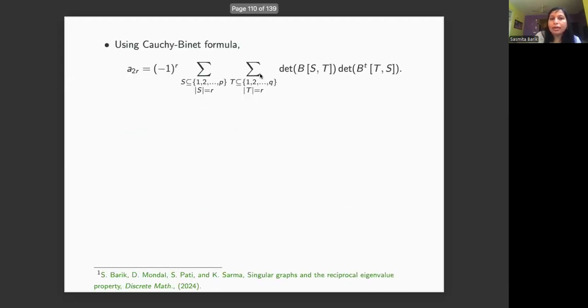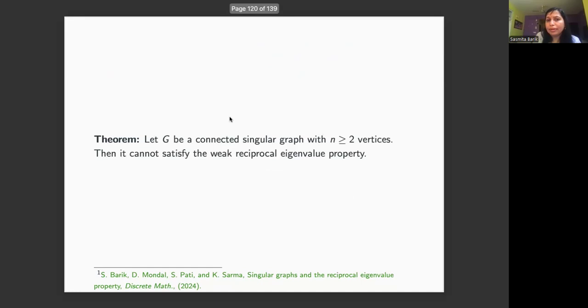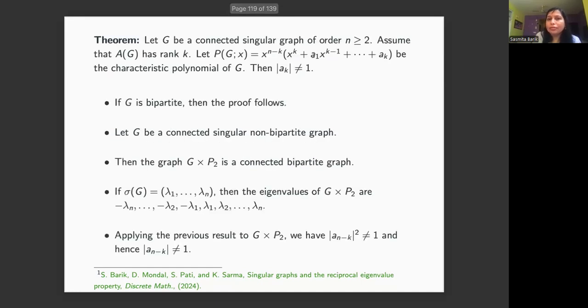And that can be proved for any graph also. I gave the proof for connected bipartite. Now you take a connected singular graph, any bipartite or non-bipartite. Here also you can prove. Once we have proved it for bipartite, I used the direct product here and I'm skipping the proof. But for any graph, this is true.